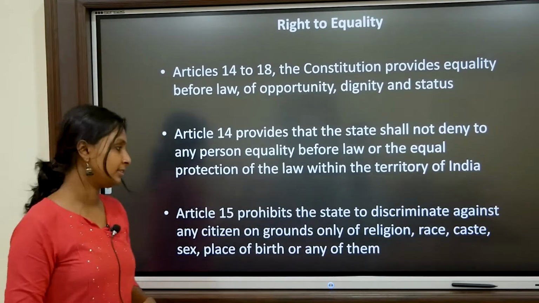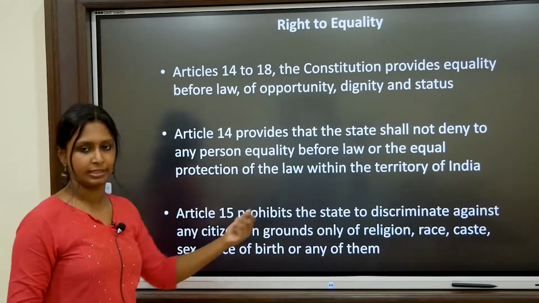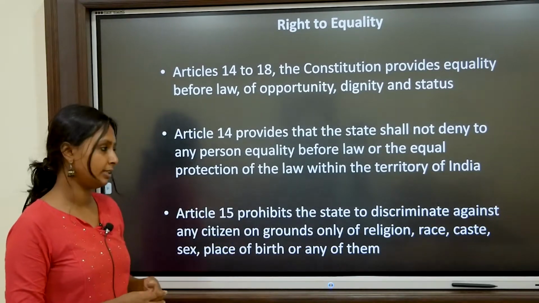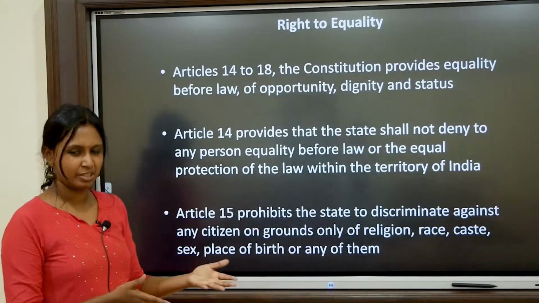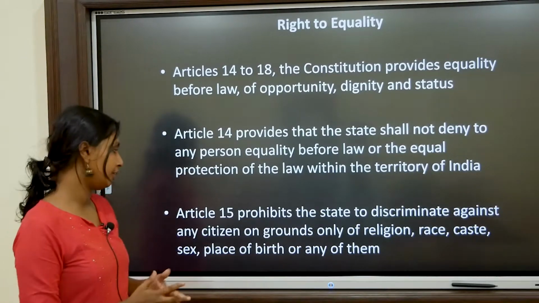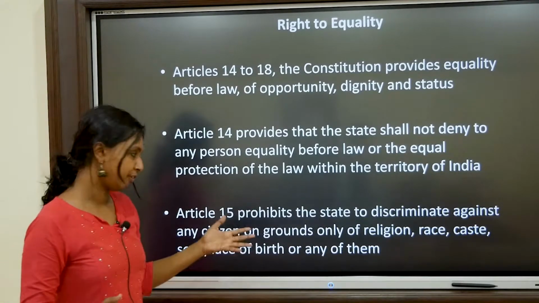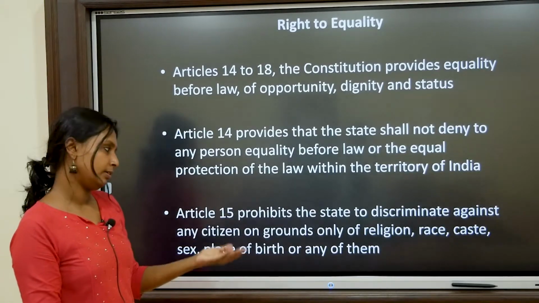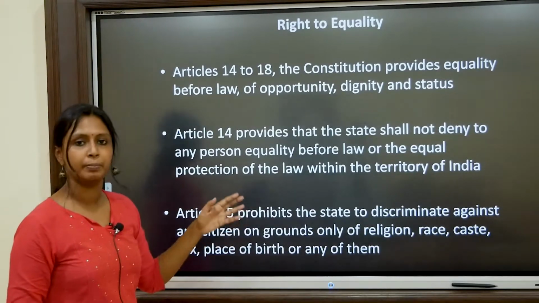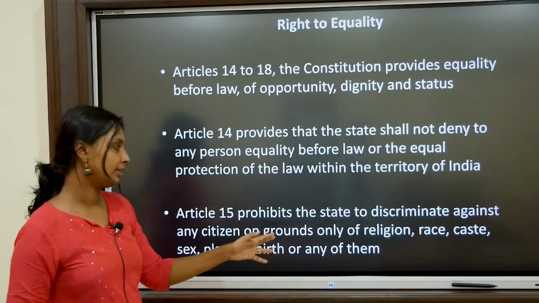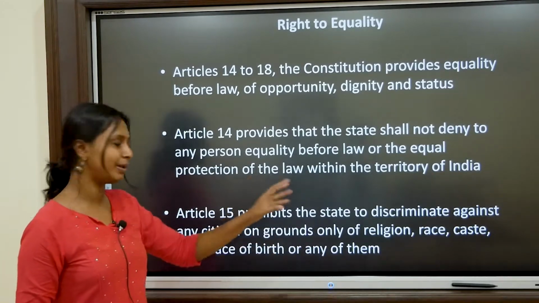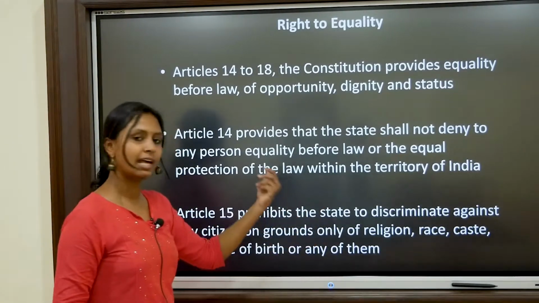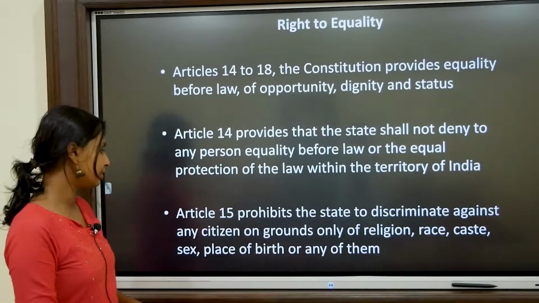There are many religions, there are many castes, and discrimination in the case of sex exists, gender discrimination between male and female. Whatever may be the differences, whatever may be their status, whatever may be the religion of a particular person, the state prohibits discrimination against any citizen on the ground of religion, race, caste, sex, place of birth, or any of them.